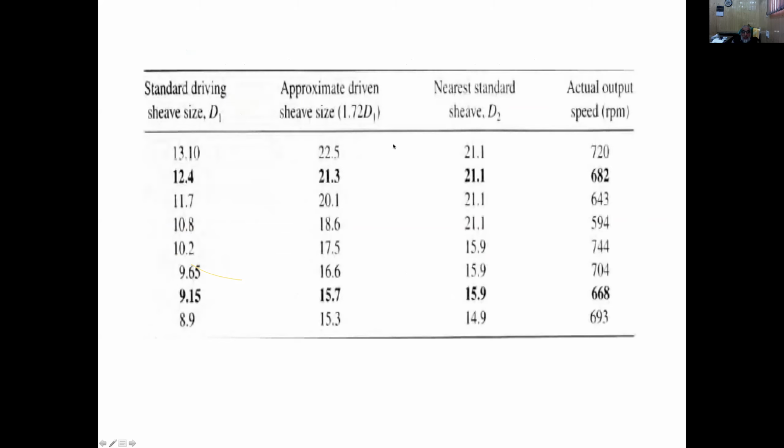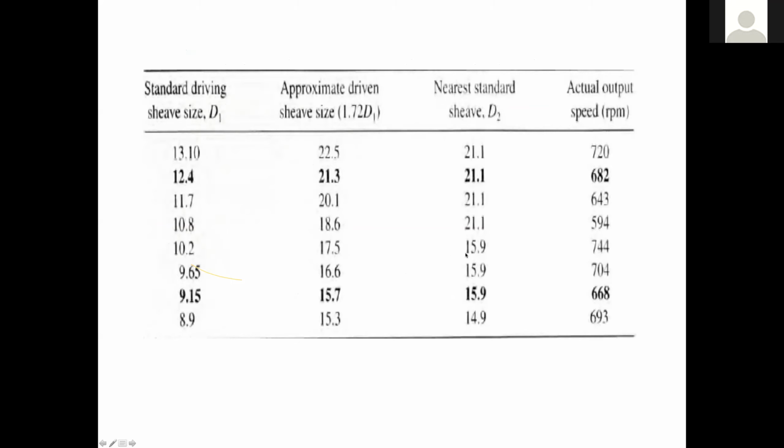Here you can see d1, the diameter which you obtained as a guideline at 400 feet per minute. You have to correct this, 4,000 or 400. Your sheave size was 10.18, so you can select 10.2.